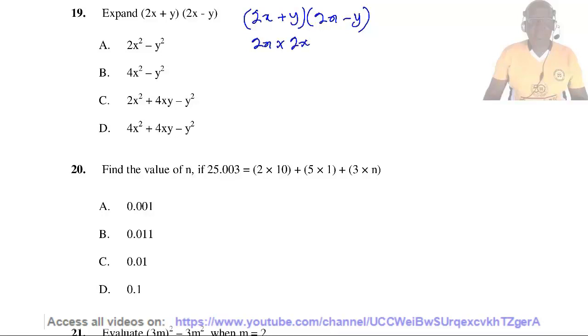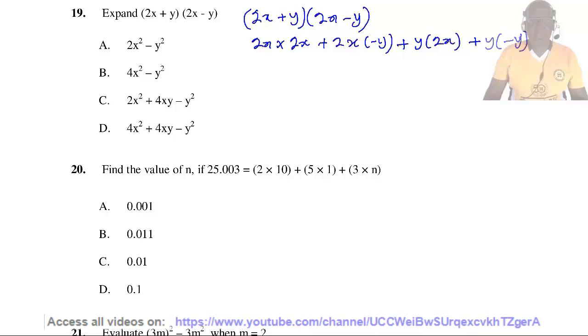Then we shall multiply 2s times minus y. That is 2s times minus y. Then we shall multiply y times 2s. That is y times 2s. Then we shall multiply y times minus y.